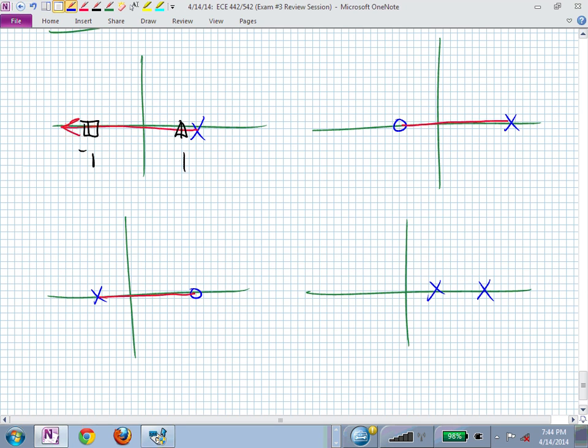What's our pole zero excess? How many zeros at infinity do we have? Where are our asymptotes? What are the angles of the asymptotes? How many asymptotes do I have? How many infinite zeros do I have? 2. That's how many asymptotes I better have.